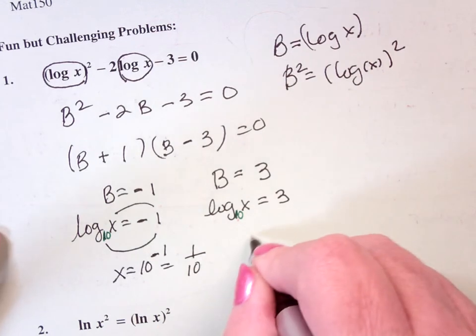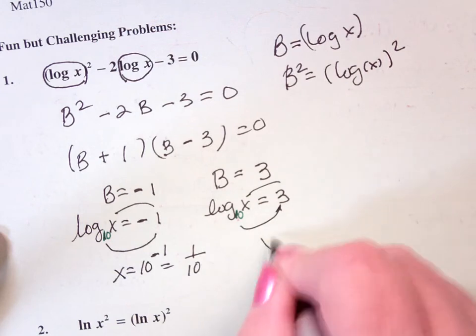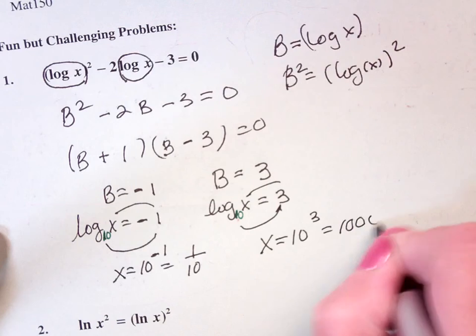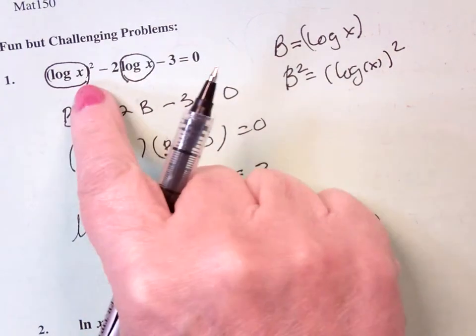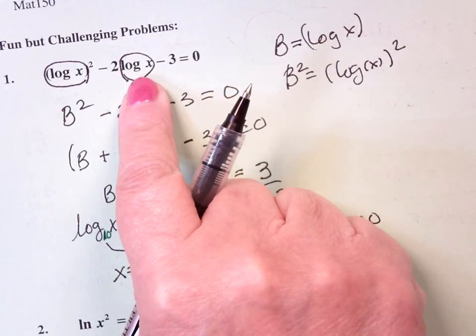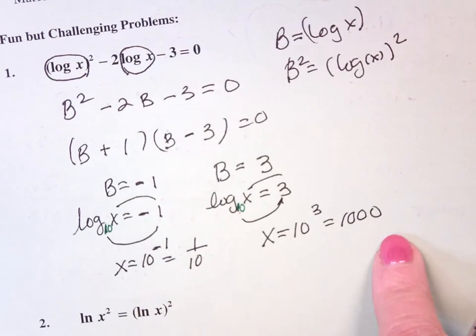And 10 to the 3 is equal to x. X is 10 cubed, which is 1,000. And both of those work. If I look at the domain of this, the log of x is the function, and x has to be positive. And in both cases it was, so it's not going to be a problem.